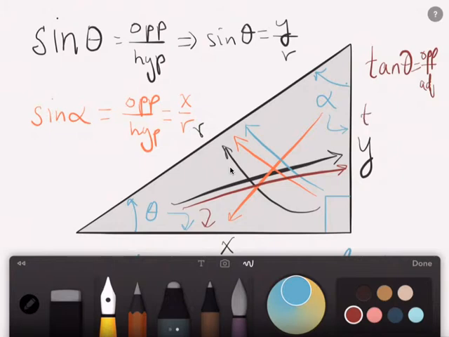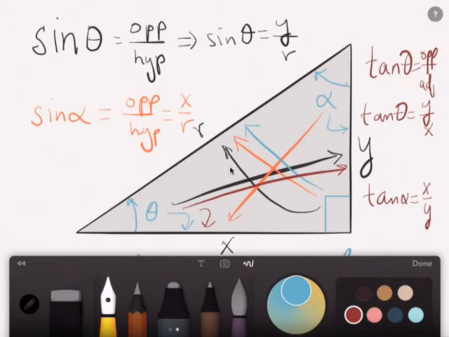So tan of theta is just equal to y over x. And of course I want to do tan of alpha. And tan of alpha, again, is opposite over adjacent. Our opposite side is x. Our adjacent side is y. So not to get too pinned down into, oh, it's y over r all the time. No, it's based on which angle you're considering in the triangle.